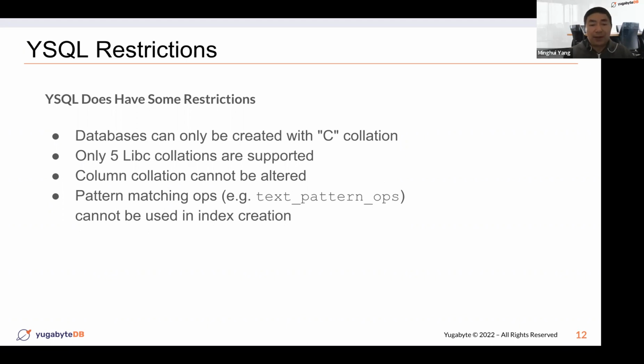Right, and then the third collation restriction: column collation cannot be altered. Of course, it would be better to allow that. However, in the bigger picture, we don't support many column alters, because once you change the column type, for example, most of the indexes you already built will have to be re-indexed. Correct. And in a scalable database, that is a problem.